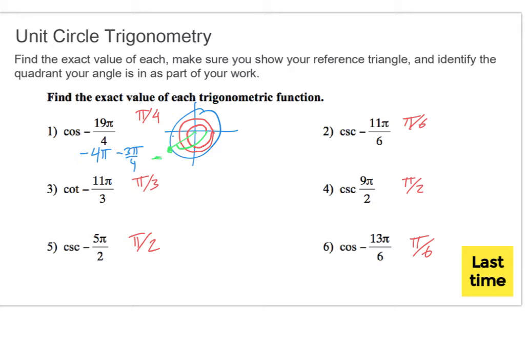Here we've got negative x and negative y. Cosine of pi over 4 is going to be the square root of 2 over 2. For that, we're going to use our x value. Here it should be negative. So cosine of negative 19 pi over 4 is going to be negative the square root of 2 over 2.